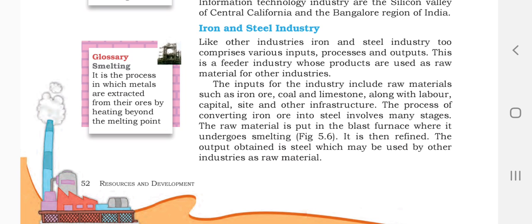After that, the output is steel, which may be used by other industries as a raw material. Here is one diagram given. We can see 8 tons of coal, then 4 tons of iron ore, then 1 ton of limestone. Then the finished product is 1 ton of steel, the output.